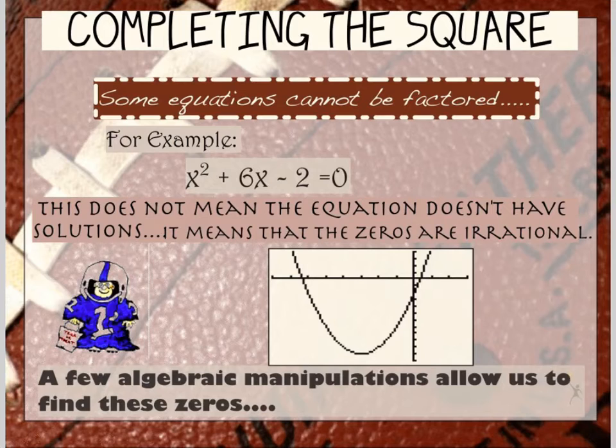They're going to be irrational zeros. As we look at this graph, plotted on an x-axis, and we're looking for these answers right here, you can see that these are non-readable points. We can't tell what that is. So what we can do is use this method of completing the square to find them.